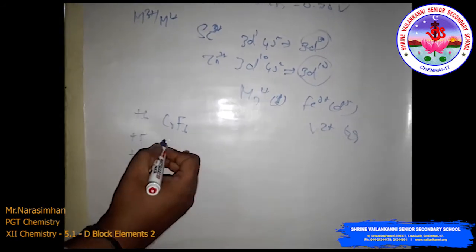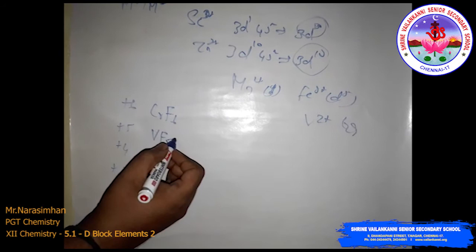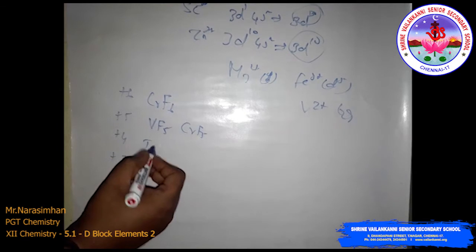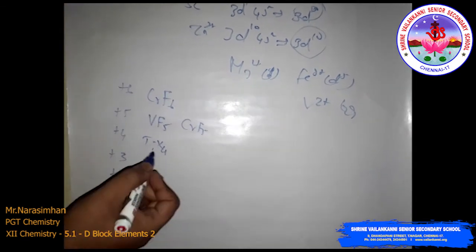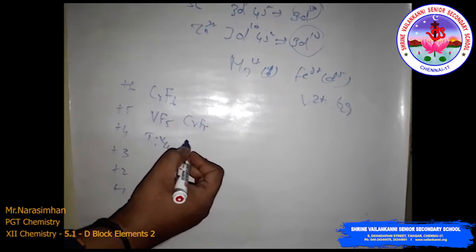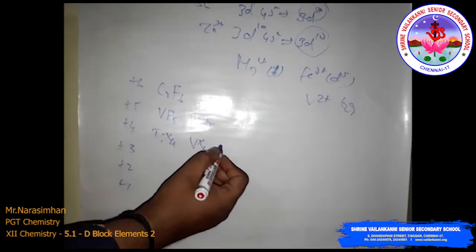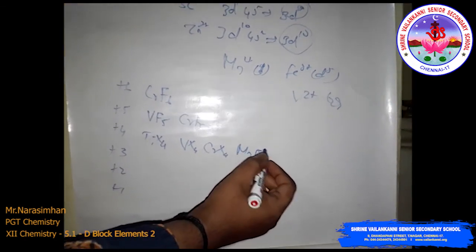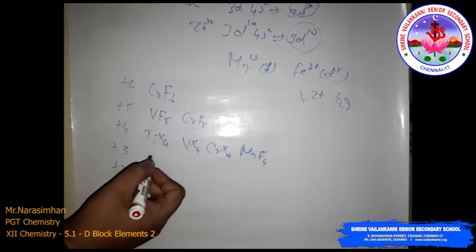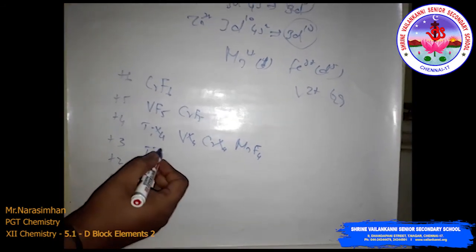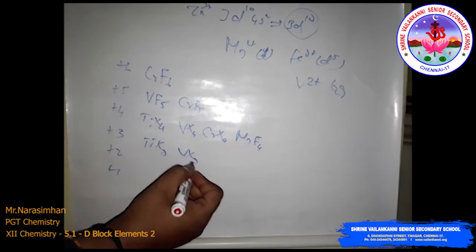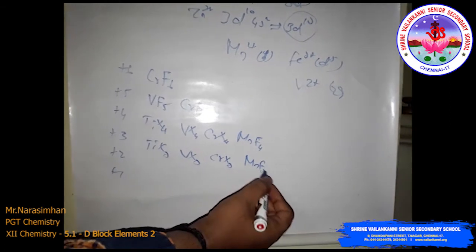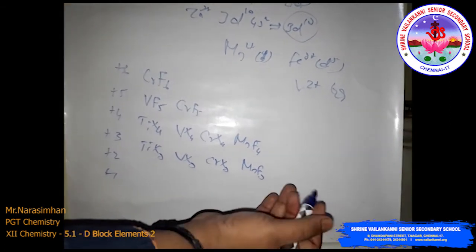Then plus 5 is usually for vanadium, VF5 and CrF5 only. Then the tetrahalides: titanium tetrafluoride, vanadium tetrahalide, chromium tetrahalide, manganese tetrafluoride only. In a similar way, for plus 3: titanium trihalides, vanadium trihalides, chromium trihalides, manganese trifluoride, iron trifluoride, cobalt trifluoride.